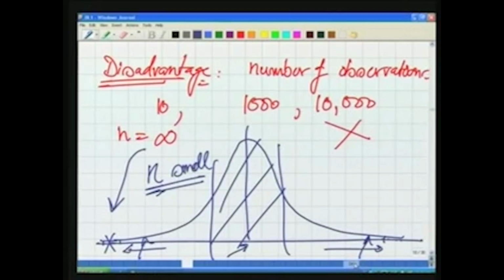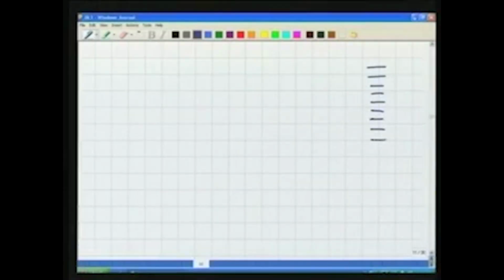So, there is a rule, and that rule is based on the number of observations, and on the concept we have just discussed. What is that rule? We have a set of observations. We may have 10, 100, as many as the number of values. We want to reject some of these because we say they are the outliers.